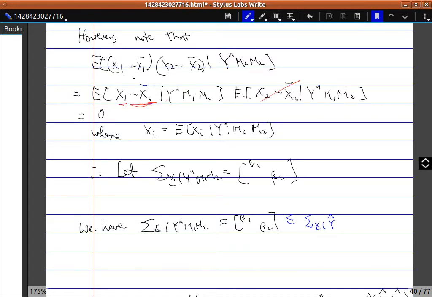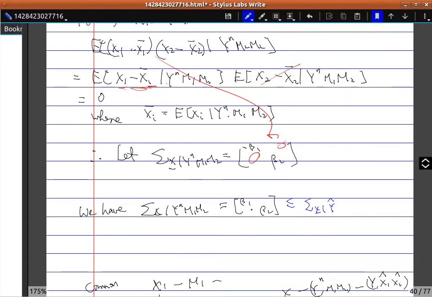Therefore, this term, the off-diagonal term, should be 0. These are actually the diagonal terms here, right? So we have this in a diagonal form like this, as I mentioned earlier.